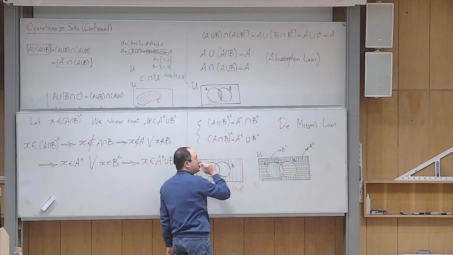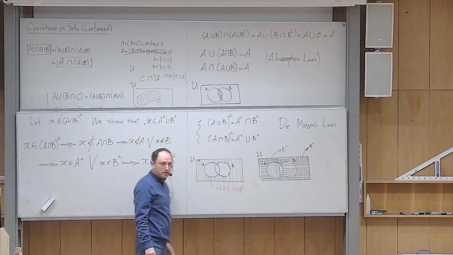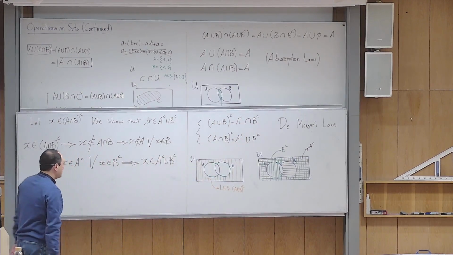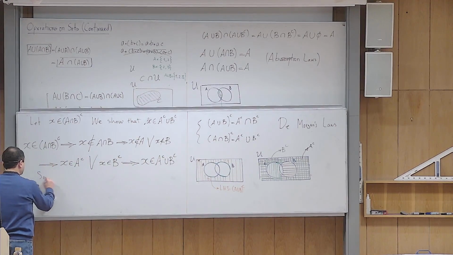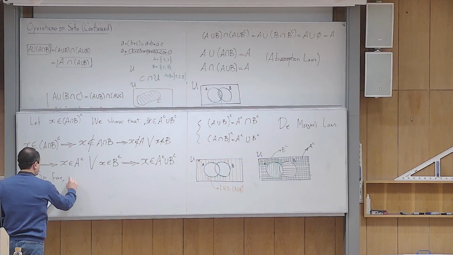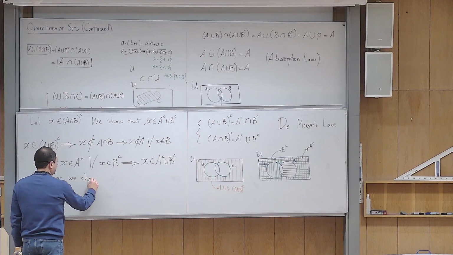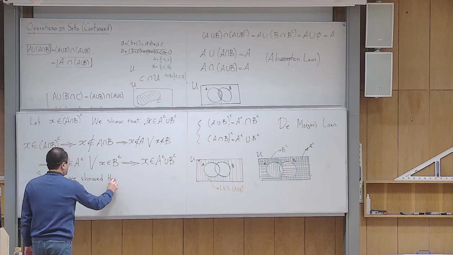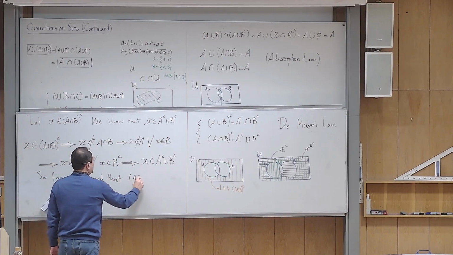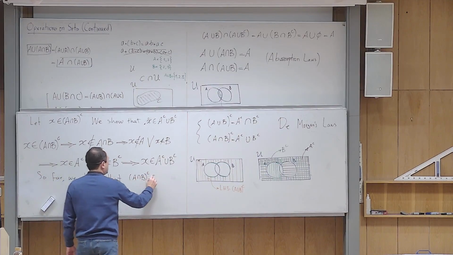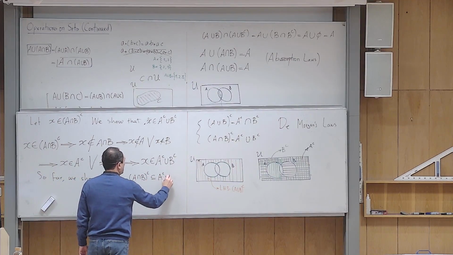But there is no guarantee that this contains more elements, yes? But I want to show that no, this is not the case. So far, we showed that A intersection B complement is a subset of A complement union B complement.